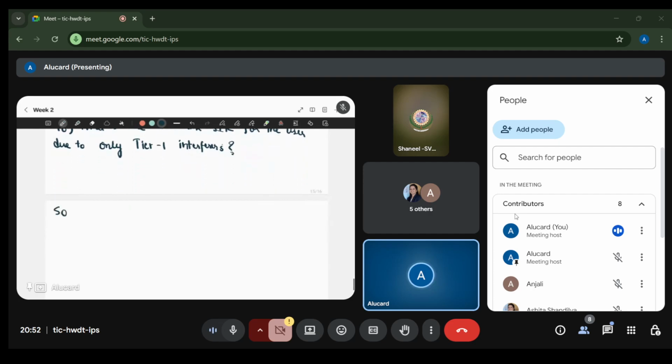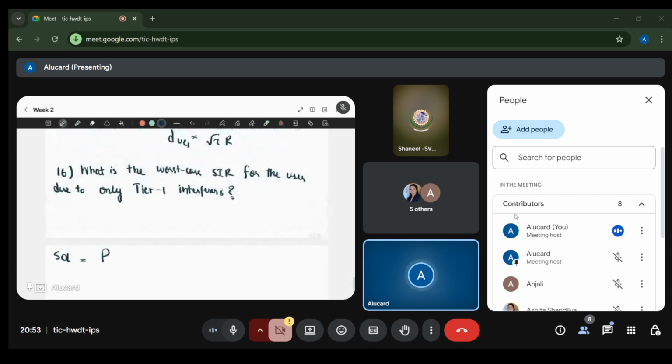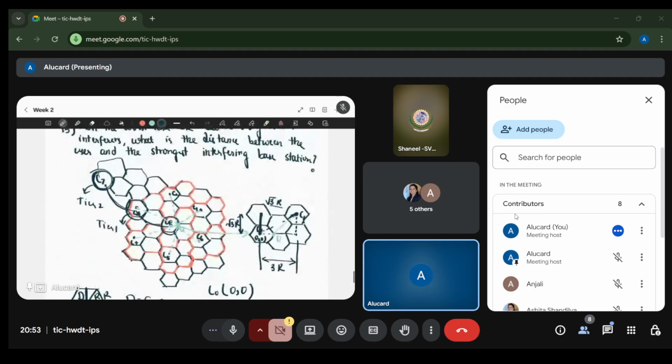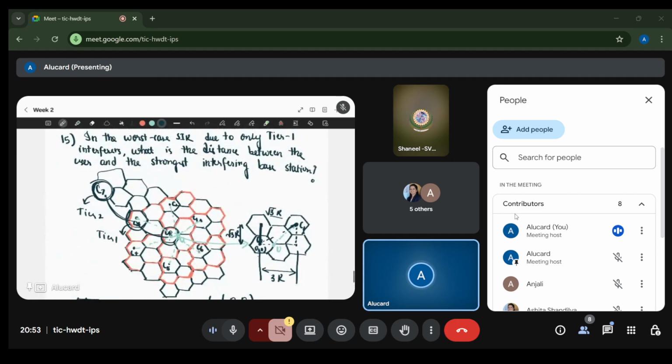That you can calculate as, again, this is the worst case. So the user in the position I have shown, user is here.